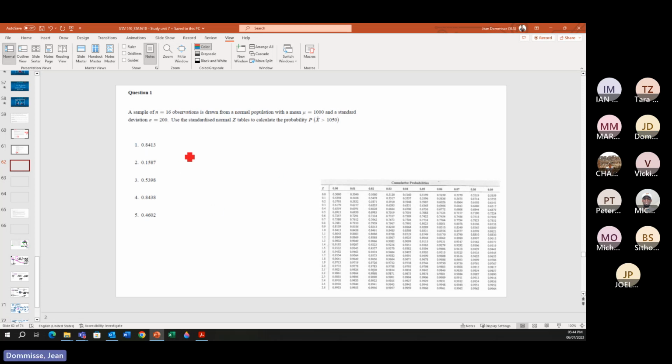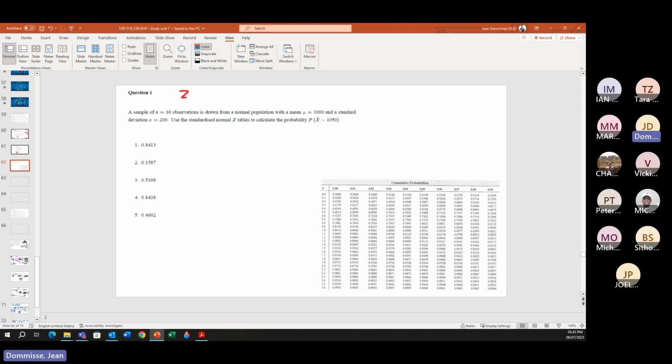Okay, so in study unit 7, let's be honest, it's very unlikely that they will just tell you the z is equal to something. In study unit 6, they might have given you information and you calculated the z. Some questions gave you what the z is, and you only needed to work out the probability.